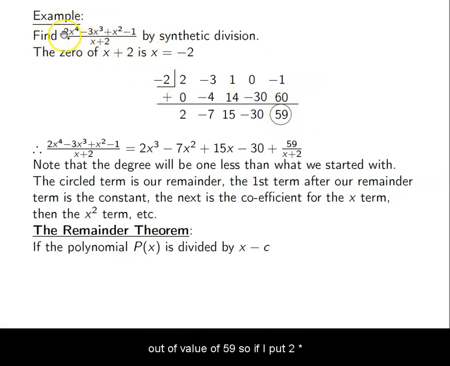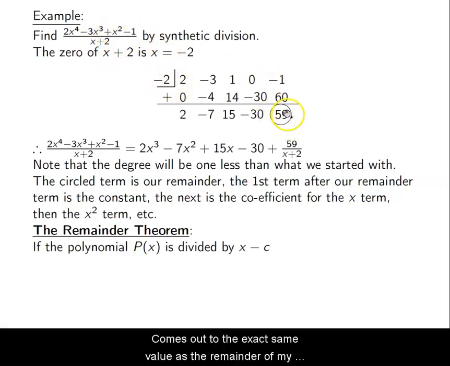If I put 2 times -2 to the 4th minus 3 times -2 cubed plus -2 squared minus 1 and evaluated that, it comes out to the exact same value as the remainder. It's a very, very strong theorem, which we're going to use quite a bit.